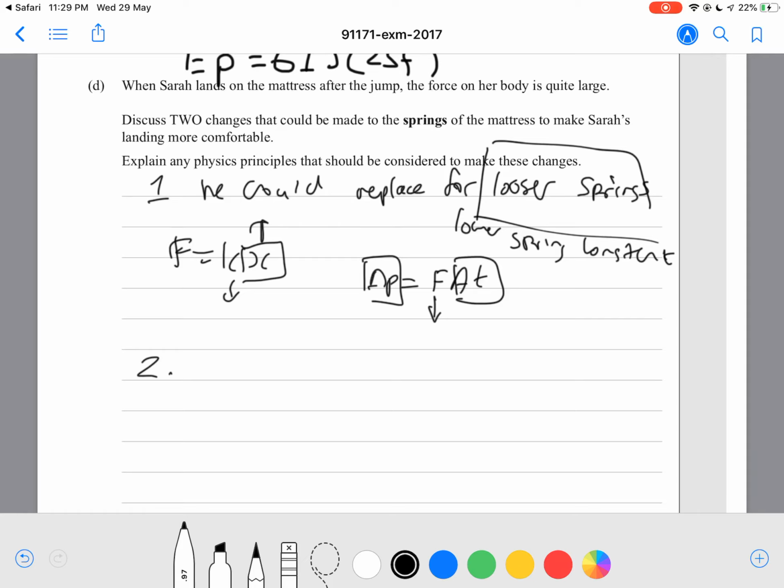Number two, we could say, what's another way? We could add more springs, actually. Okay, so if we add more springs, is it more or less?